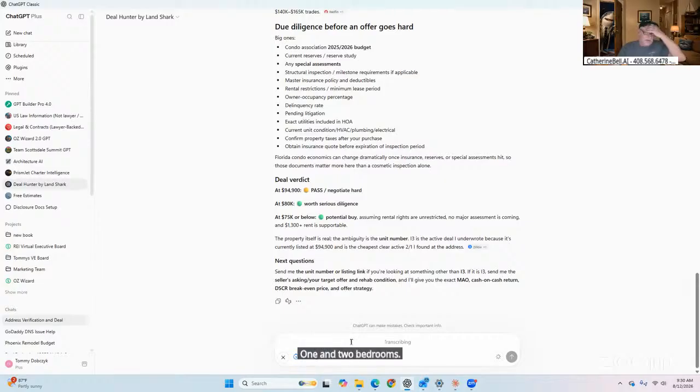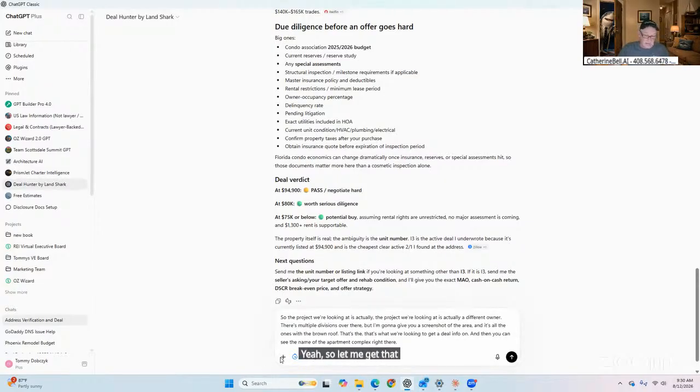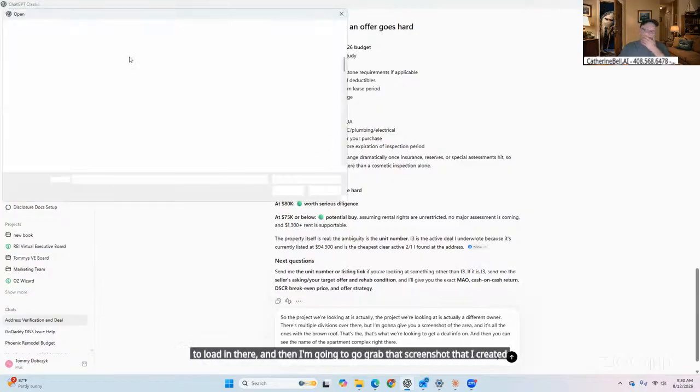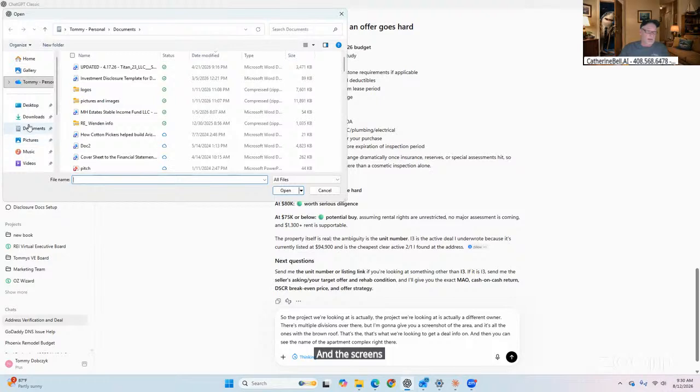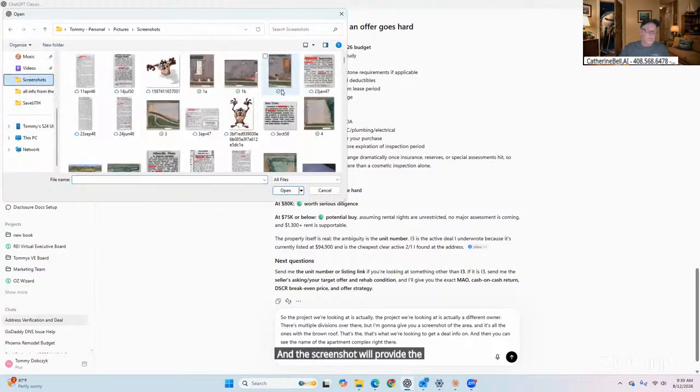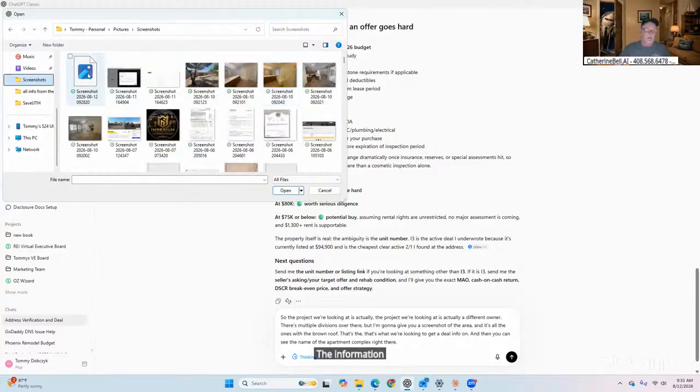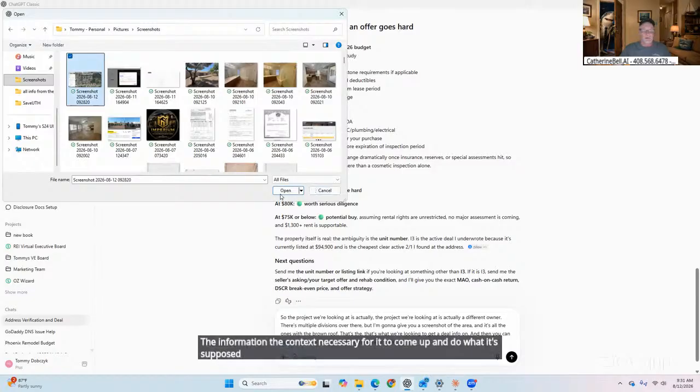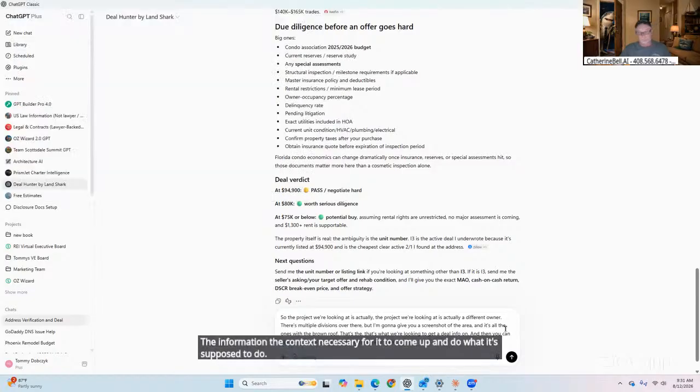Let me get that to load in there, and then I'm going to go grab that screenshot that I created. The screenshot will provide the information, the context necessary for it to do what it's supposed to do, I believe.